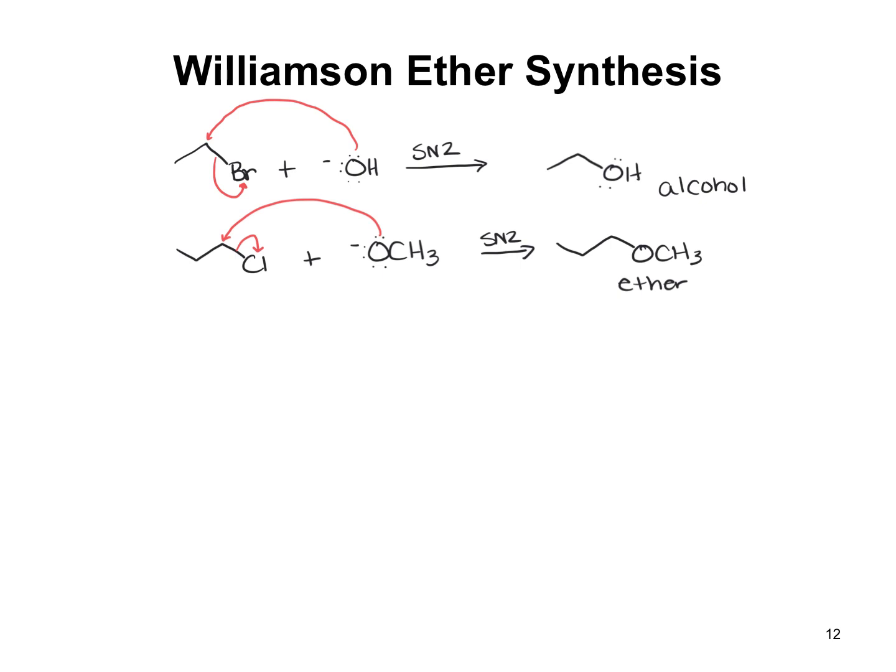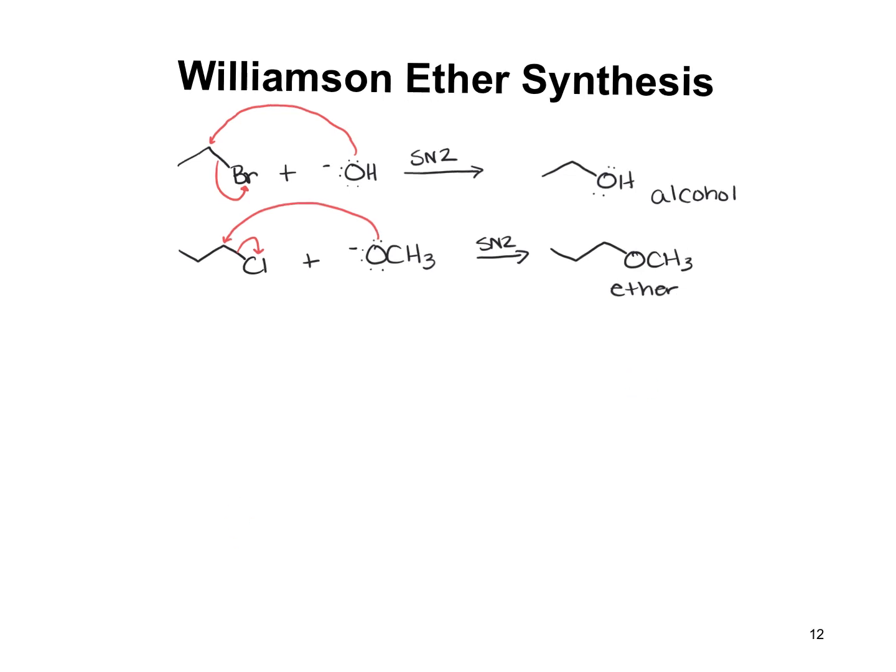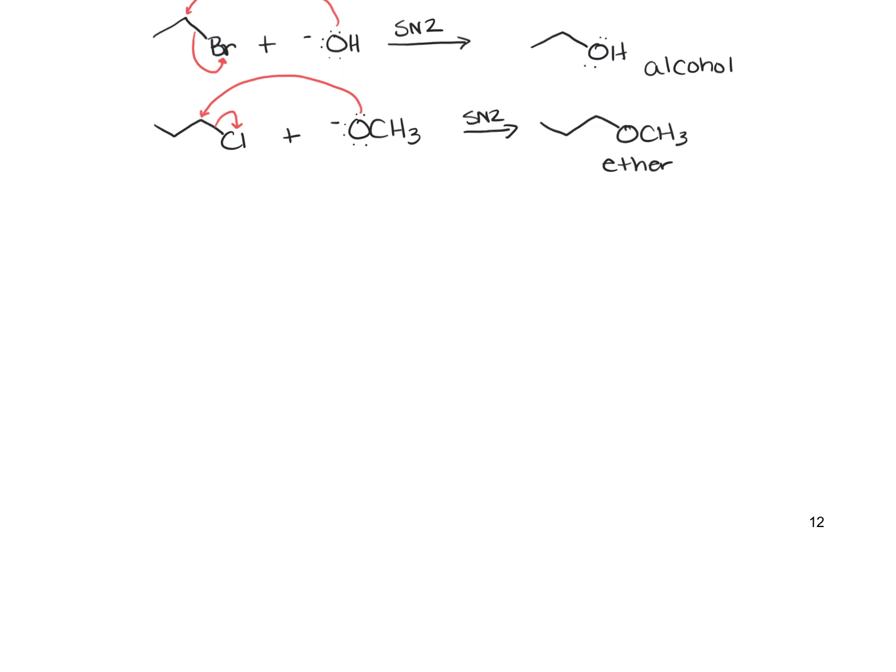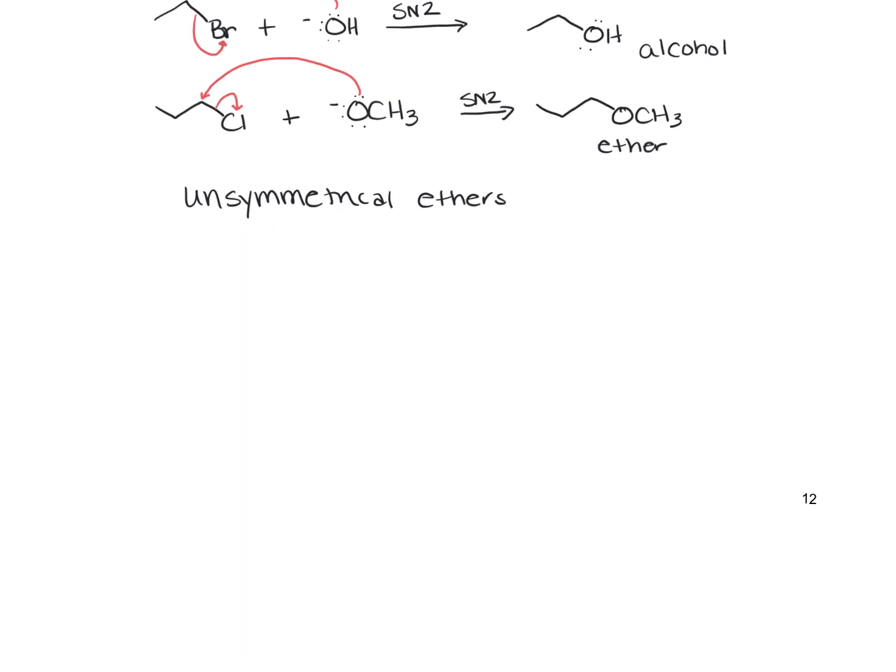Now, the preparation of an ether in this equation here is called a Williamson ether synthesis. And that's a really common way to synthesize ethers. Now, when we synthesize ethers, unsymmetric ethers can generally be synthesized in two different ways.